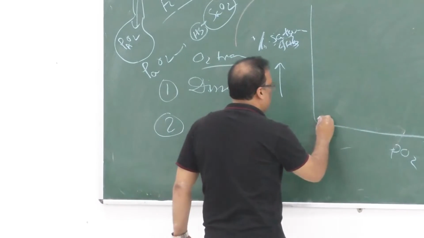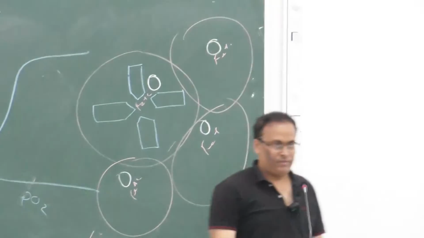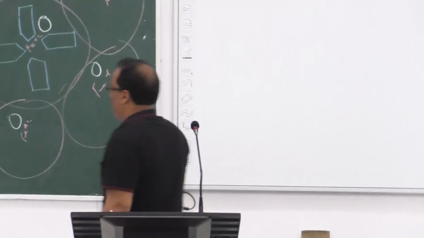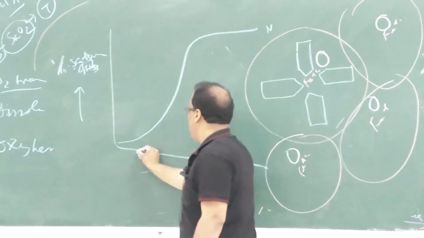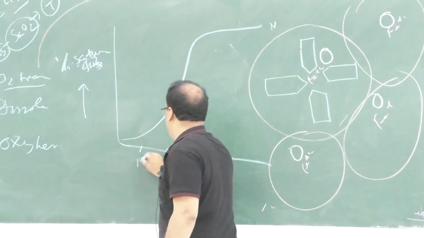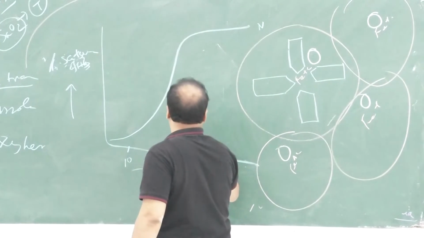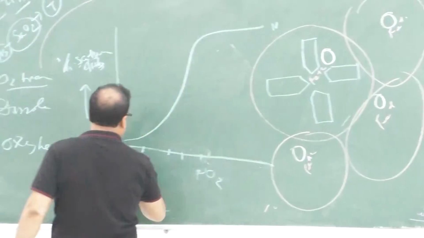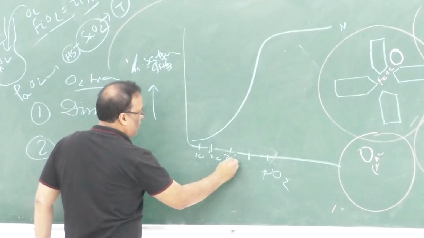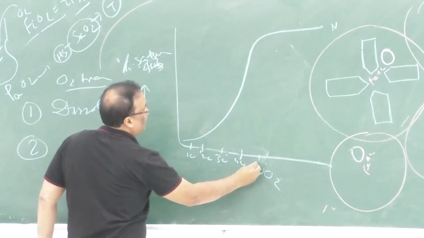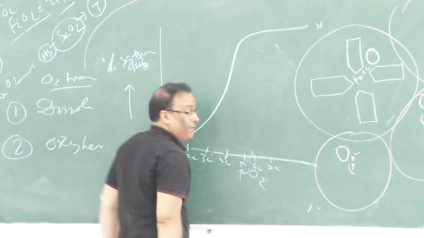গ্রাফটা কিরকম হয়, কেন হয়, will explain. তো this is a normal graph, and these are the partial pressures 10, 20, 30, 40, 50, 60, 70, 100.